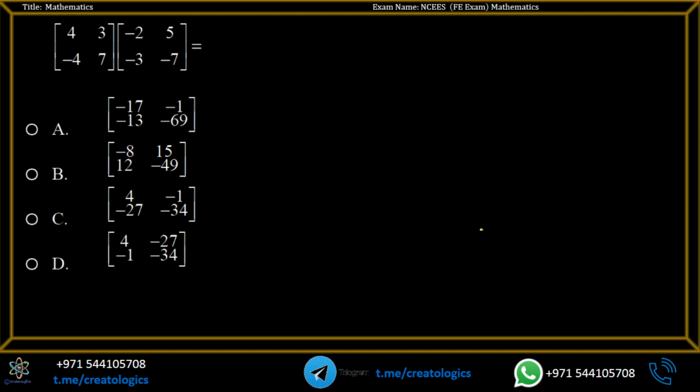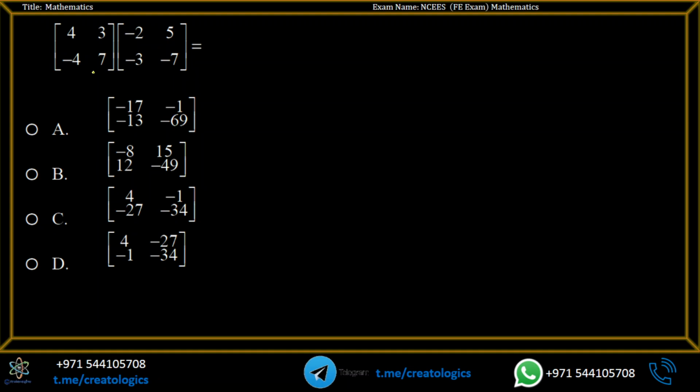Next question. It can also be solved by using the calculator under the matrix multiplication. You can use the calculator to solve this matrix multiplication. 2 matrices are given to you and you have to multiply these two. Okay, so again you can choose these values, put them in the calculator and make sure that you are selecting the correct matrix for the first.